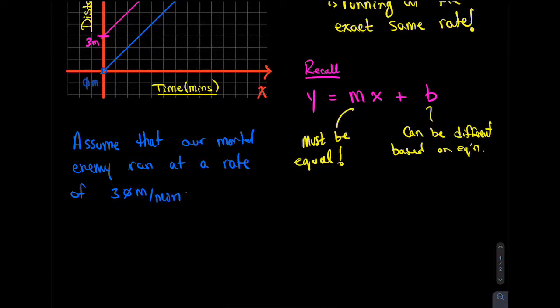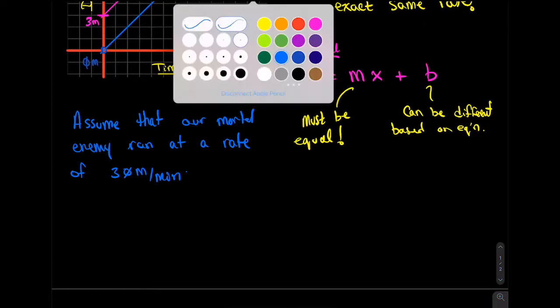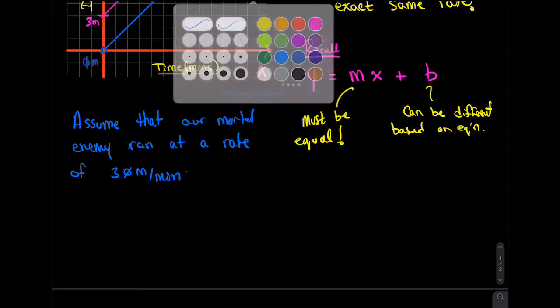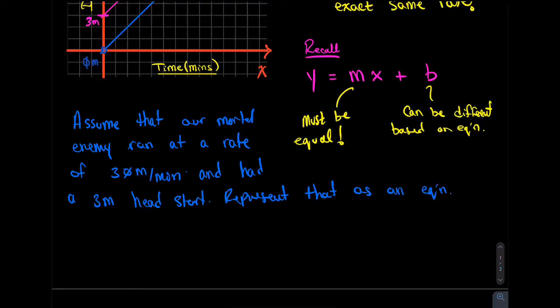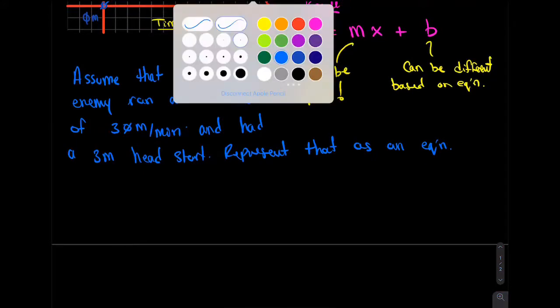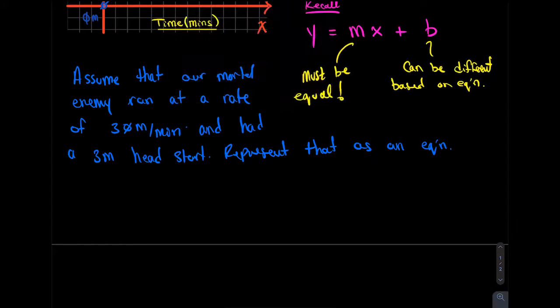Maybe that's really slow. And had a 3-meter head start. Represent that as an equation. So we're going to be assuming here that our mortal enemy ran at a rate that was linear, and his linear rate was 30 meters a minute, and he had a 3-meter head start.